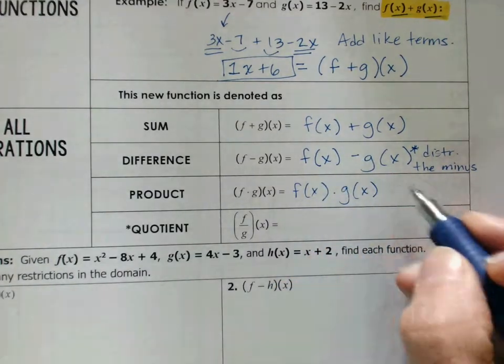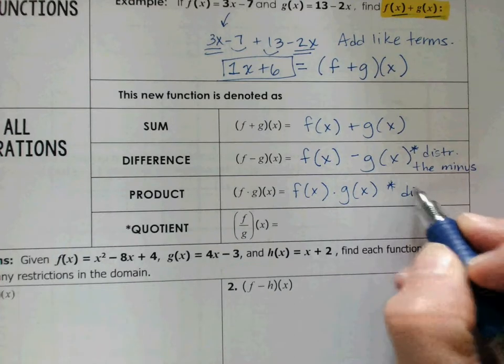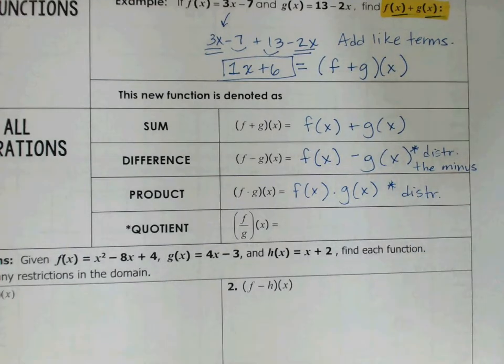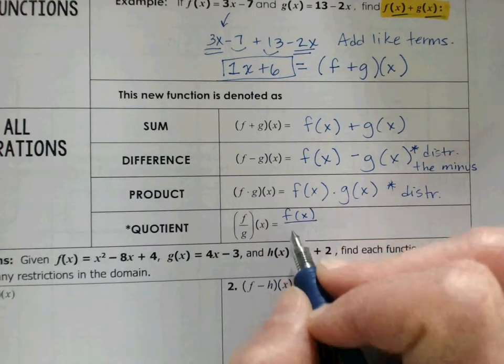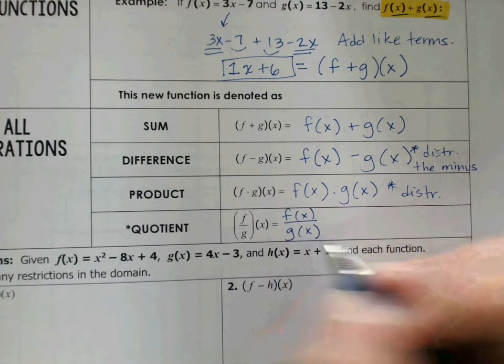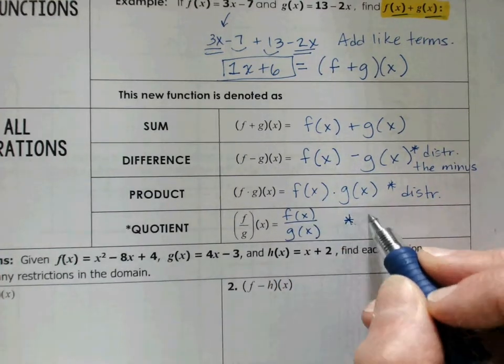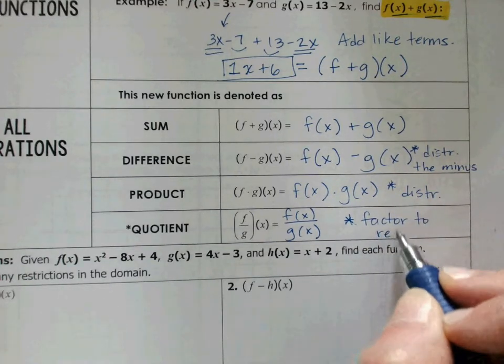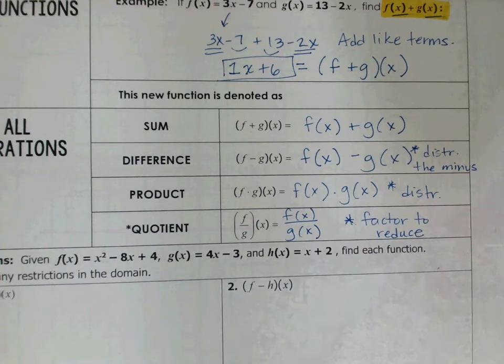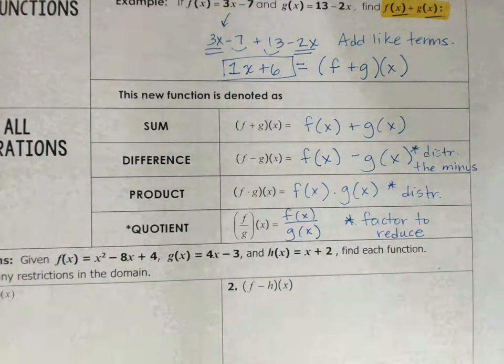And that might mean that you have to distribute a little bit as well. And then when you are doing division, you might have to factor to reduce. Okay? So there is a possibility that you might have to factor there. So we're going to try all that and go from there.